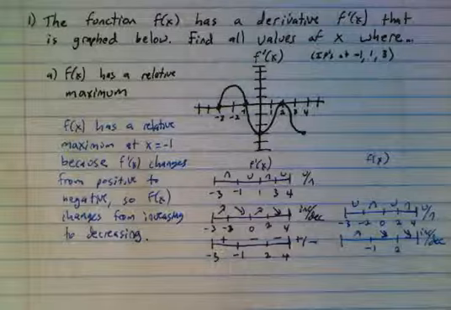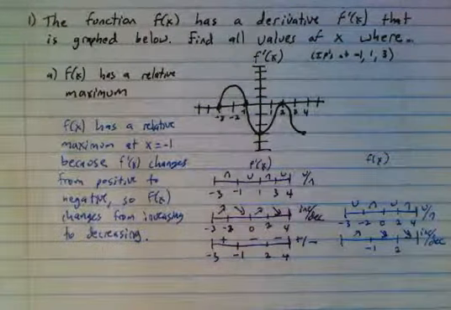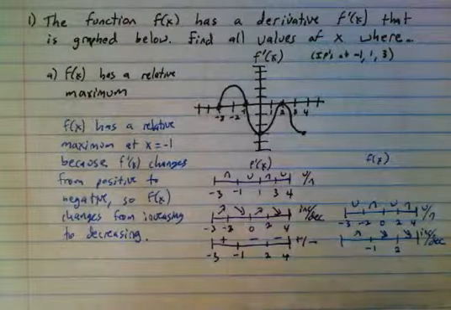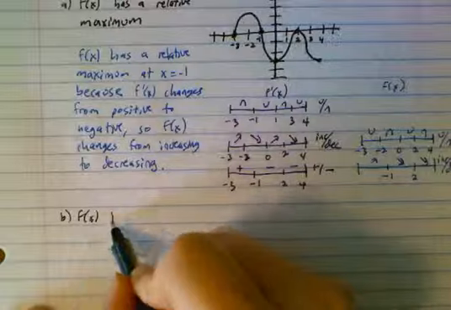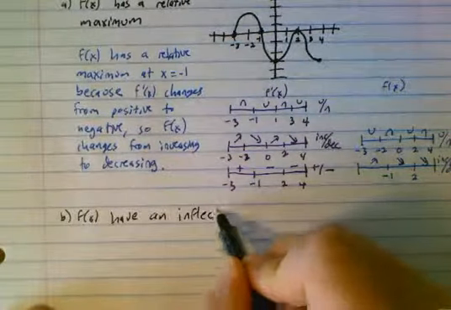And voila, there's our answer. Once we have these three-line charts, we can answer a variety of questions about f of x. So let's just say part B, where does f of x have an inflection point?